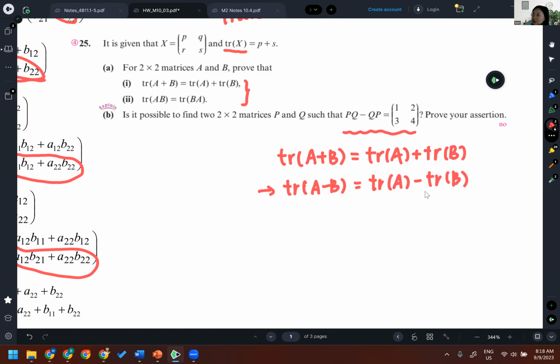Now, after you mention this is true, you can say that the left-hand side, because trace PQ equal trace QP, therefore the trace of left-hand side must equal 0.